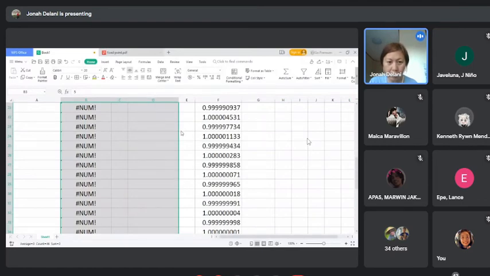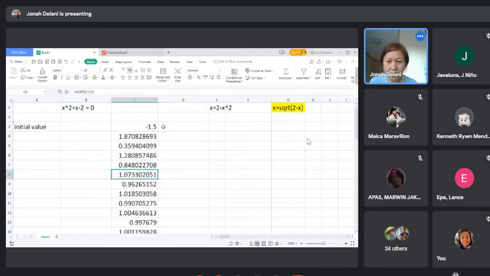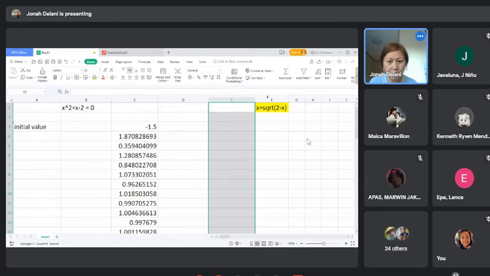It can be implemented using an Excel worksheet, a spreadsheet. It's not Excel, but it's very similar to Excel. Using this fixed point form, this is what you will use.